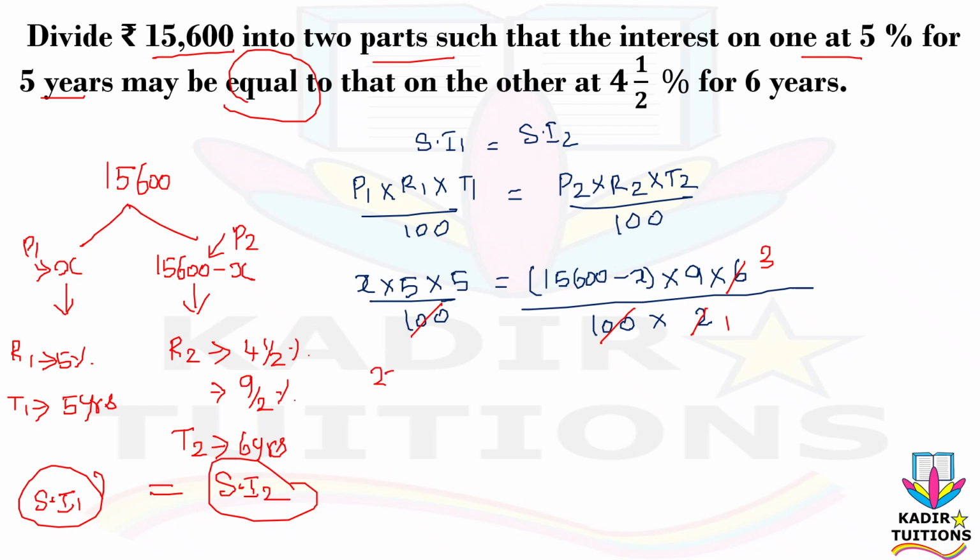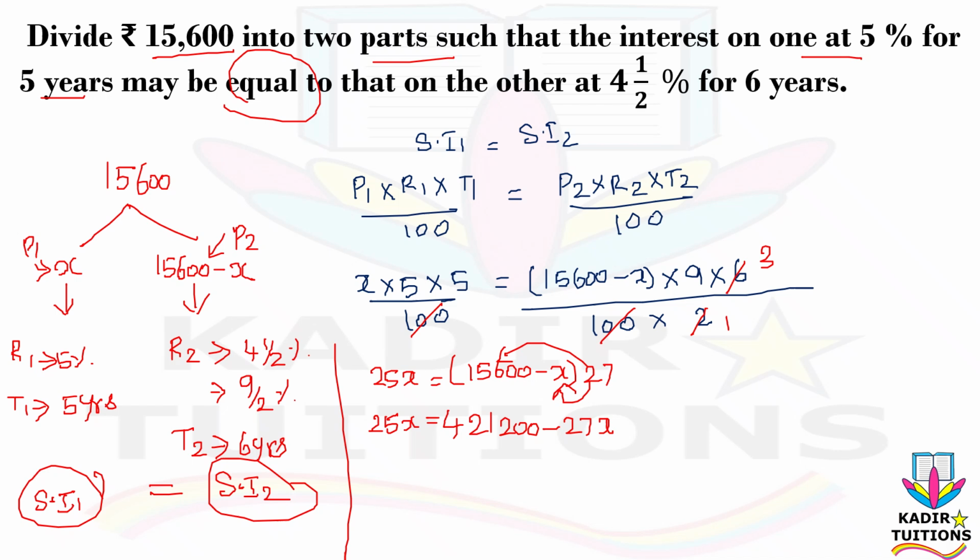5 5s are 25, so I'm writing 25x, and over here 15,600 minus x, 9 3s are 27. Still we need to simplify this. We multiply this 27 with 15,600 as well as with x. If you multiply 15,600 with 27, we will get 4,21,200 minus 27x.